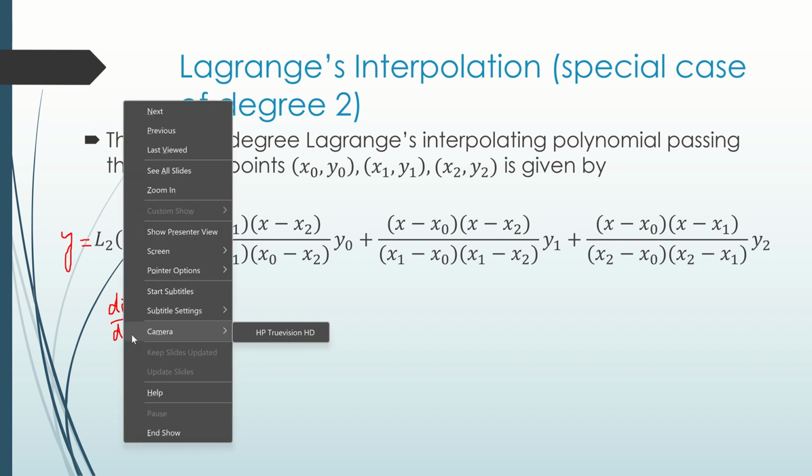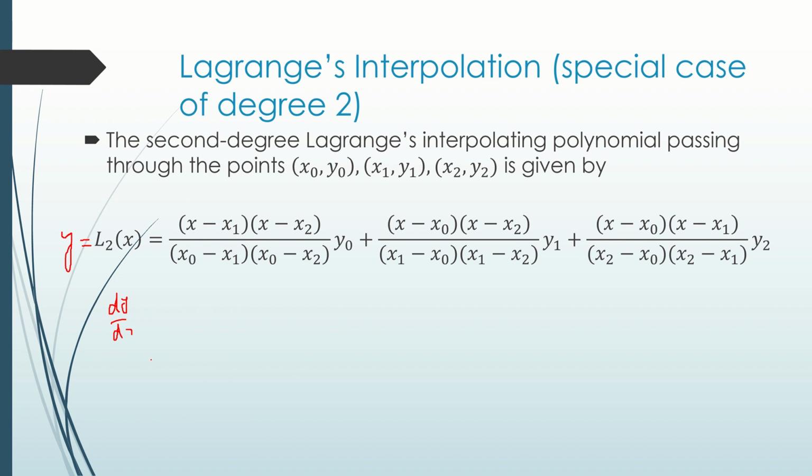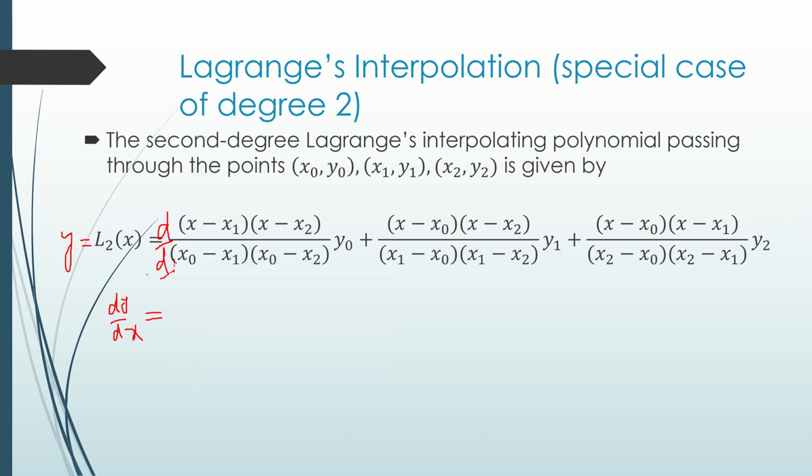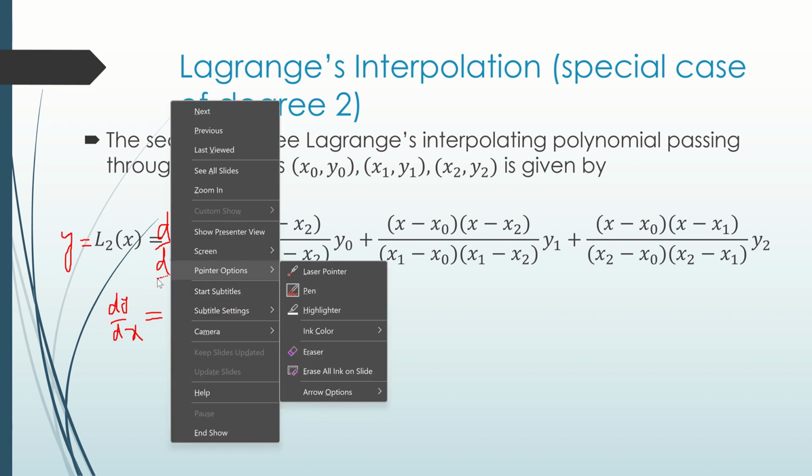Simply take dy by dx, which will be found by differentiating this term with respect to x, and then you will be doing the same thing with the next term as well.